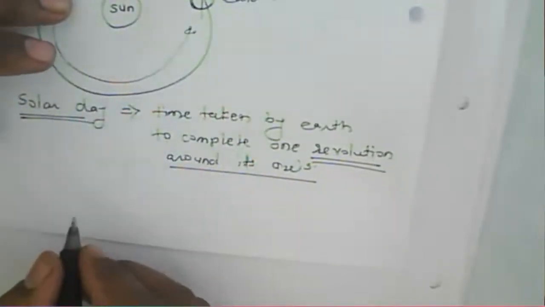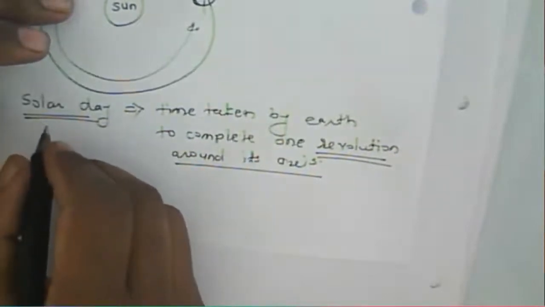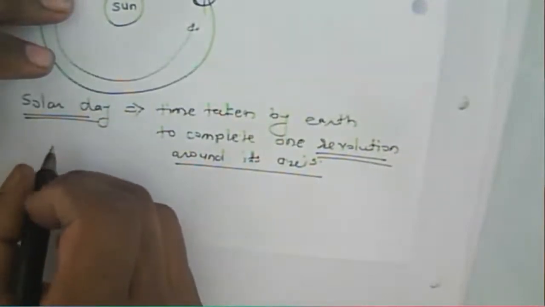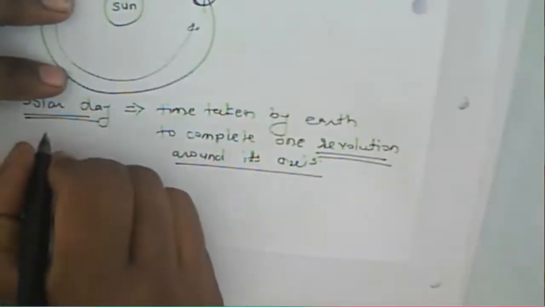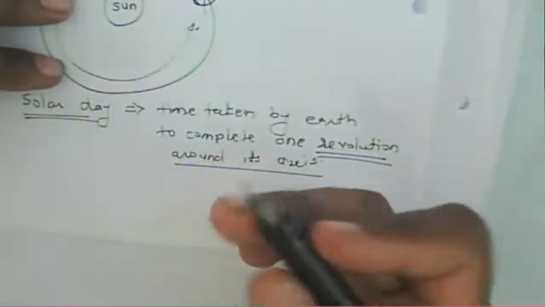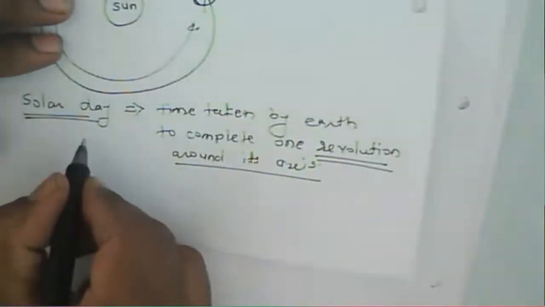That is one particular solar day. And if you consider the solar day in terms of hours, it is 24 hours nowadays.